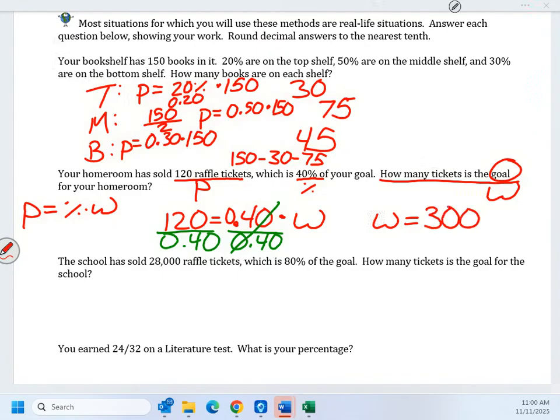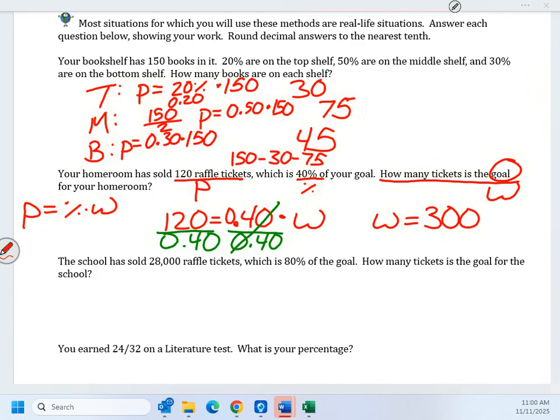Always go back and double check your work. My part was 120. It's 40% of my goal, which I'm saying is 300. Did I do my math correct? Does 120 seem like almost halfway to 300? Yeah, it does.